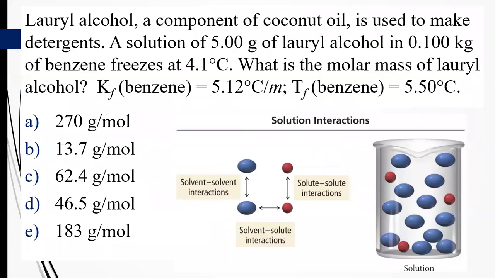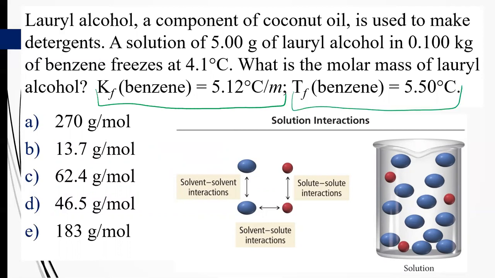So lauryl alcohol is a component of coconut oil, and it's used to make detergents. A solution of 5 grams of lauryl alcohol and 0.100 kilograms of benzene freezes at 4.1 degrees Celsius. And so we want to find the molar mass of that lauryl alcohol. Now it gives us that for benzene, its KF is 5.12 degrees Celsius per molality, and its freezing point is normally 5.50 degrees Celsius.